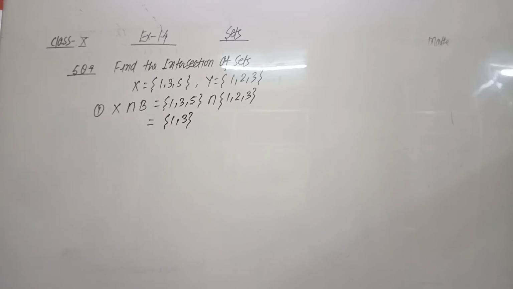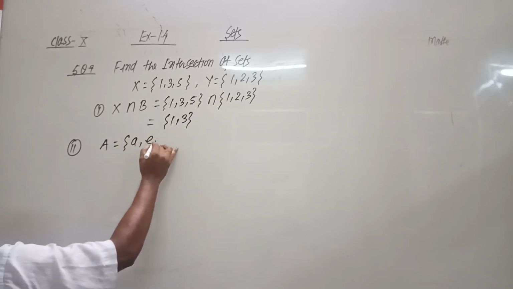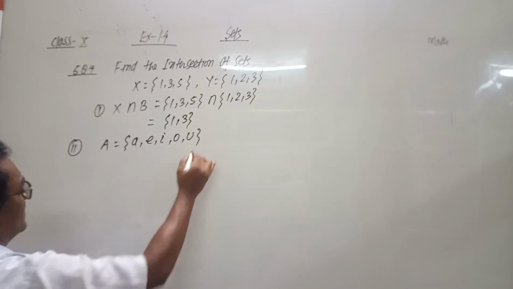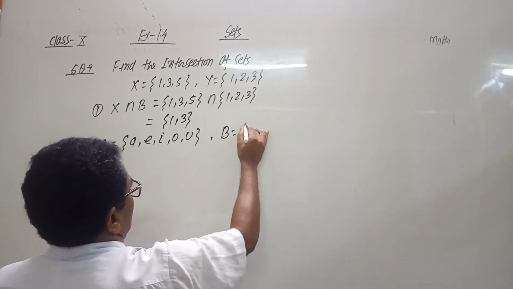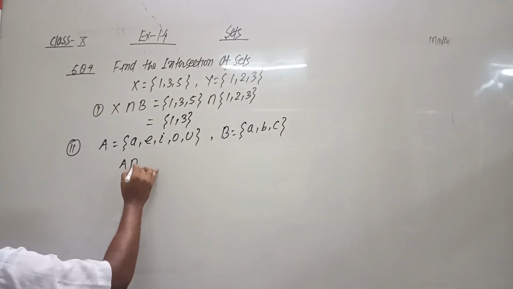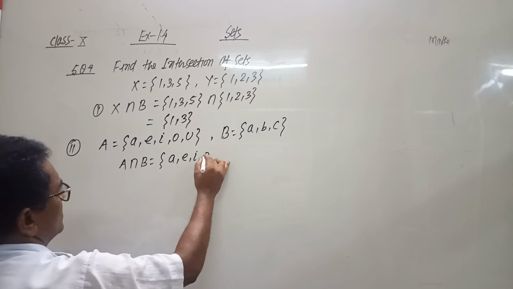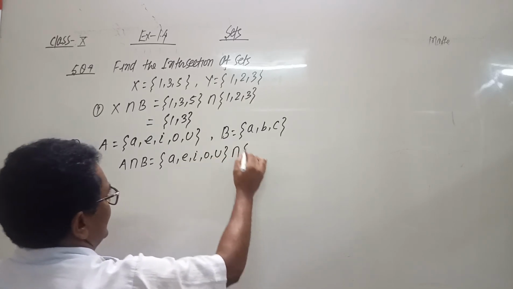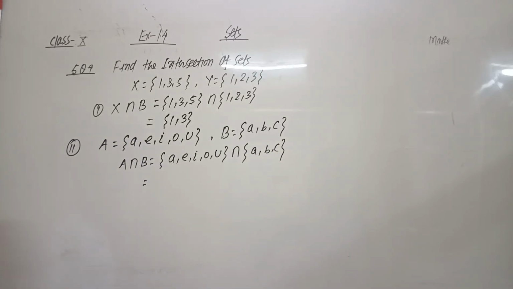Now the second part is, we are given set A equals to A, E, I, O, U and another set B equals to A, B, C. Again we have to find A intersection B. So write the elements of A, E, I, O, U, then the intersection sign and the elements of set B, A, B, C. Now choose the common terms.